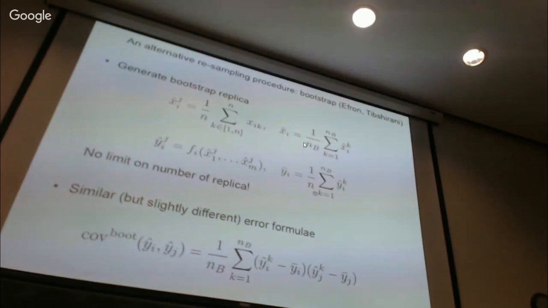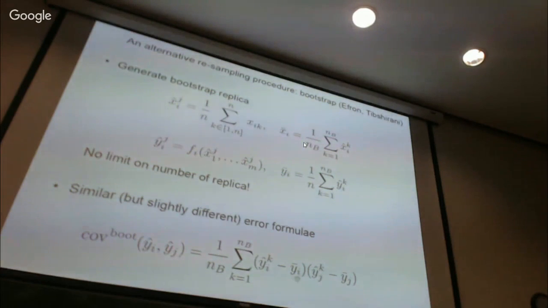Furthermore, because of this somewhat more random procedure for generating the replica, our estimate for the covariance looks different than it did for the jackknife. Here we do have this suppression, 1 over NB. That's because if I increase the number of bootstrap replica, I'm not necessarily guaranteed to decrease the differences here, right?